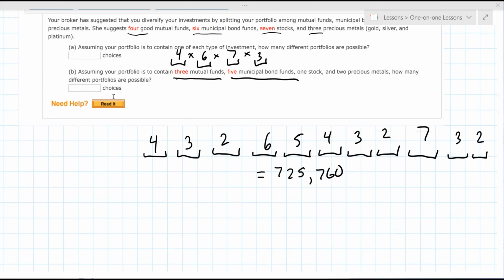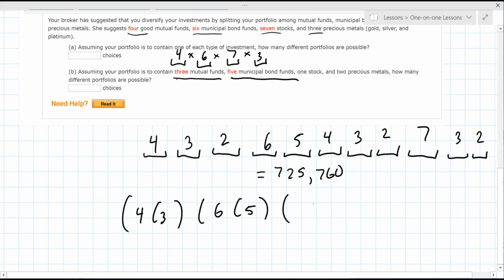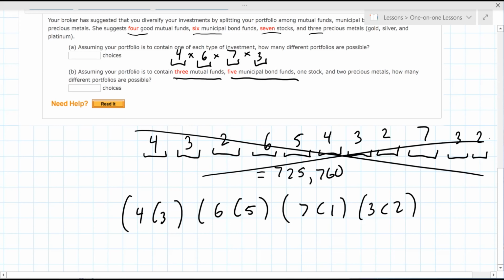Okay, so the mistake here is that it's 4 choose 3 for the mutual funds, 6 choose 5 for the bonds, and then 7 choose 1 stock, and then you have 3 precious metals and you're choosing 2. So this is not correct. These buckets are wrong here.